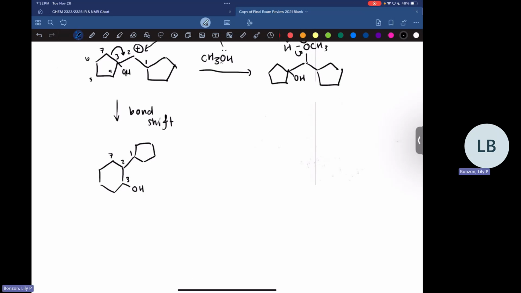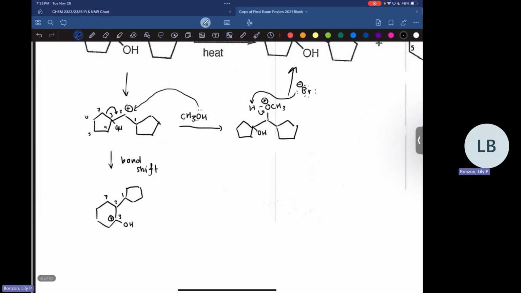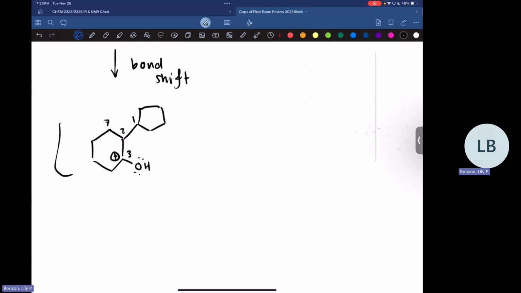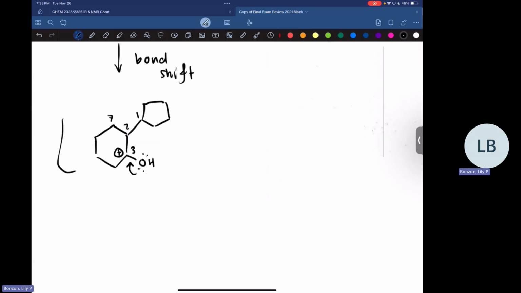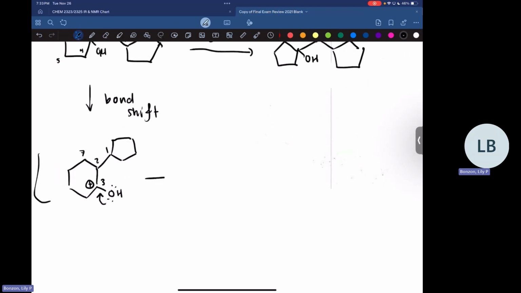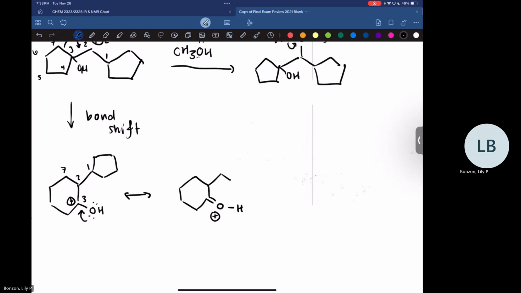And because we lost that bond between 3 and 7, 3 is going to have our new plus charge. And so from here, we can form a resonance structure with this OH. So OH is going to donate one of its lone pairs. Now we're going to have this double bond to OH, which is going to be our new plus charge.